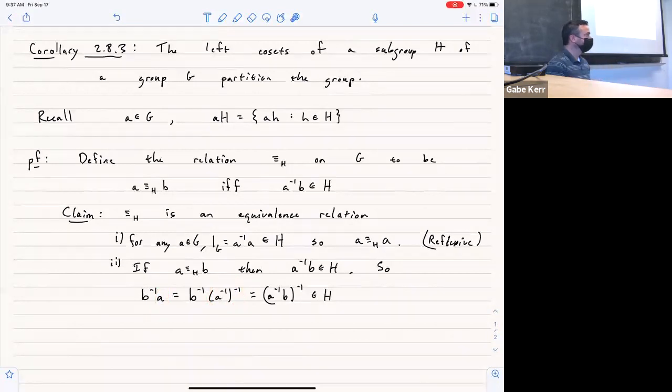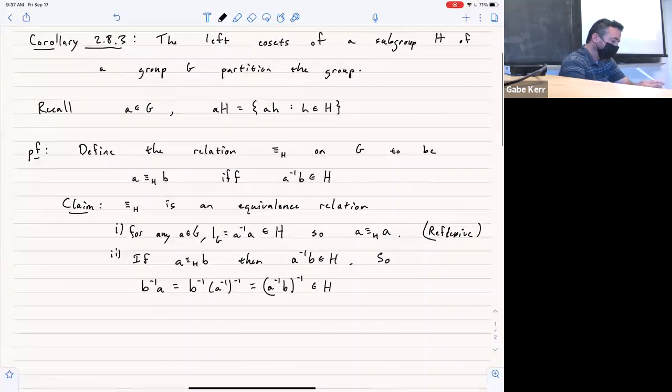If I take the inverse of the inverse, I get back to A. That's right from the definition of an inverse. And therefore B is equivalent to A. That gives symmetry.